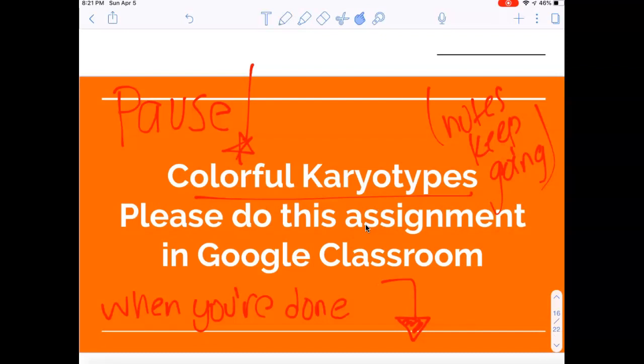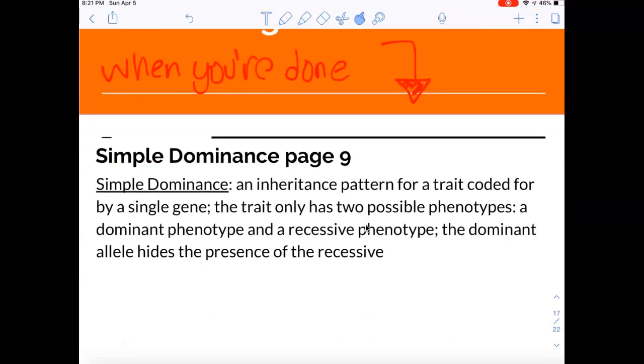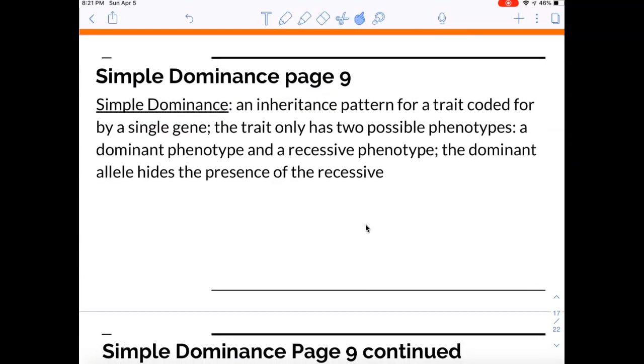Welcome back. Did you see what I did there? We're now going to move on into the simple dominance version of these notes, or basically the Punnett square is the real genetics deal here. Simple dominance is an inheritance pattern for a trait that is coded for by a single gene.